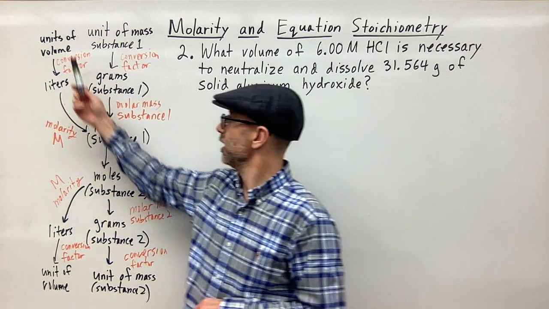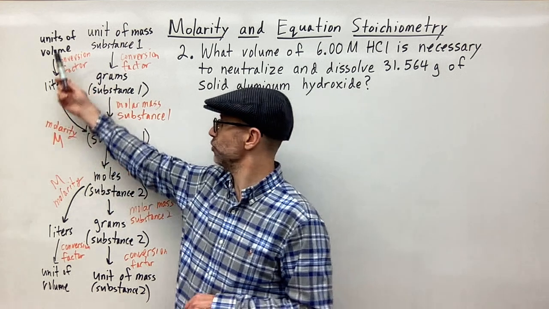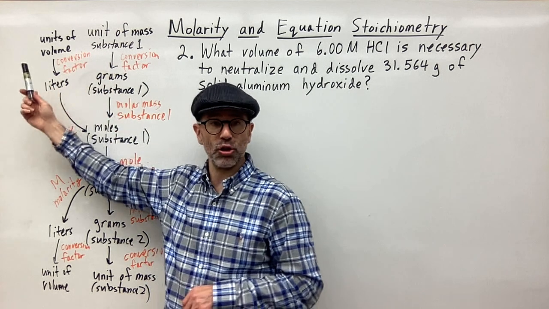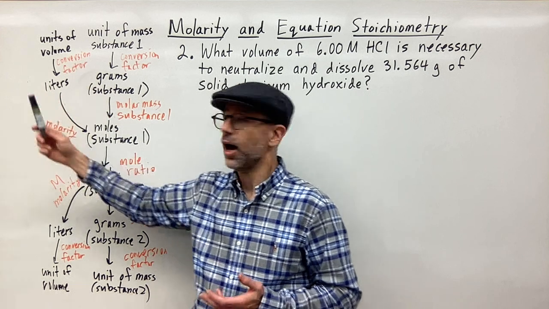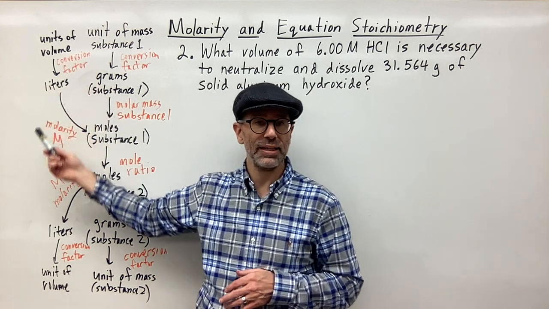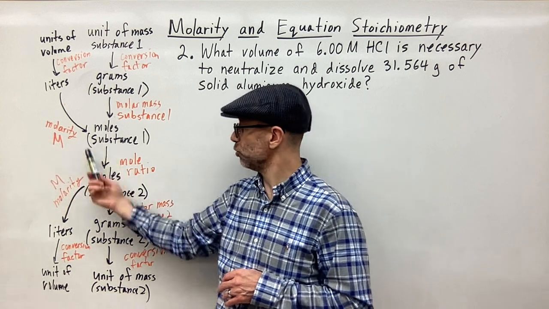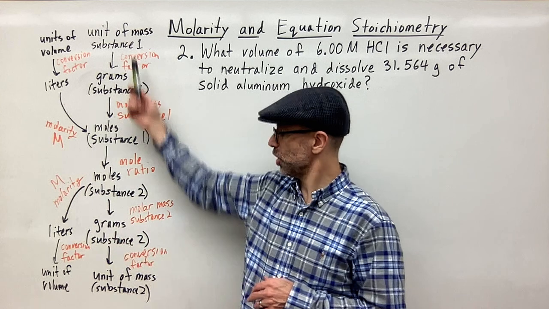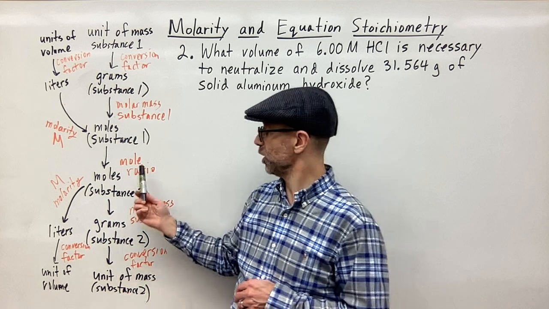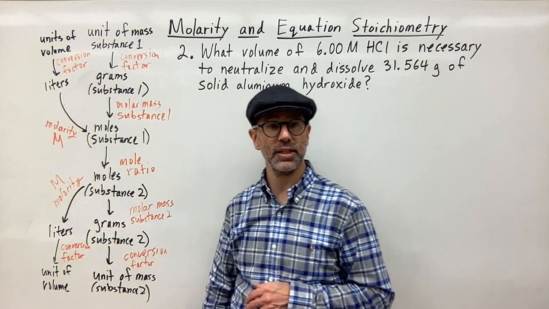Maybe it's a local highway, and then you get onto the main highway. Local roads lead to the highway. So here you start with some unit of volume. If it's not already liters, you have to convert that to liters. Once you've got liters, you can use molarity to convert liters to moles. And once you're there, you can go anywhere on the main highway. You can even go off the main highway onto another side road to get to your destination.